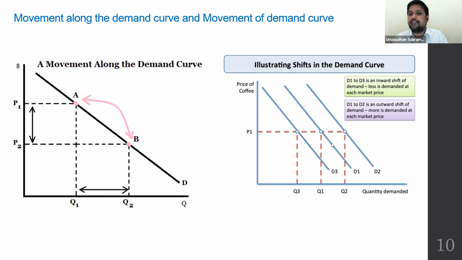This is called an increase in demand. The demand curve will shift to the right. And if there is a decrease in demand, the demand curve will shift to the left. But what is causing that? It is not the price of the product. It's caused by any other factors other than the price. And that's why we are keeping price unchanged.